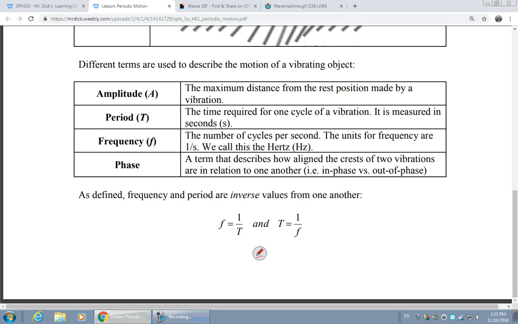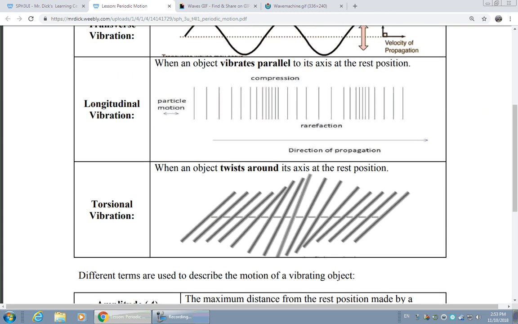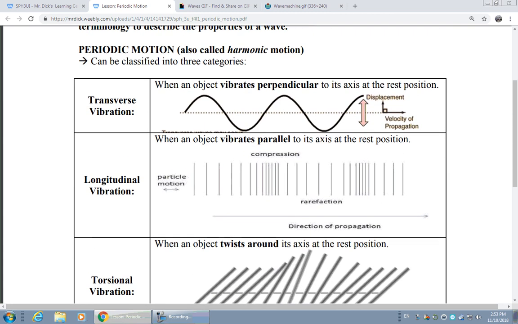The easiest way to show this is if I just go back up to the top of my note and demonstrate that from the highest point, or the farthest away from the rest position that this particle could reach, and this represents the rest position, the distance in between these that we measure is the amplitude.